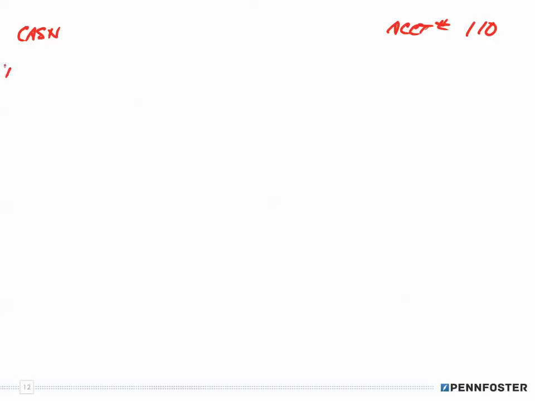Then it'll have the date, it'll have the description, or in this case they're calling it an item. It's going to have a column called the posting reference, and we need that in order to be able to post from the journal into the ledger account.